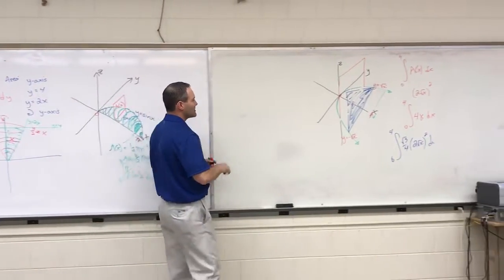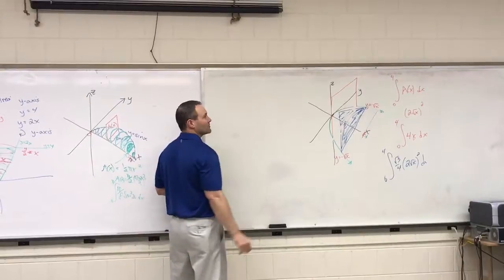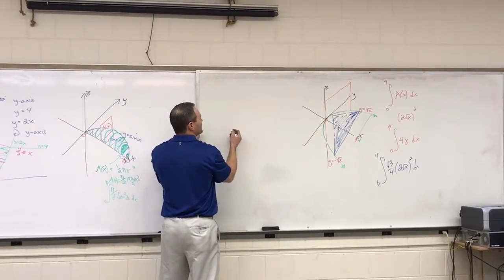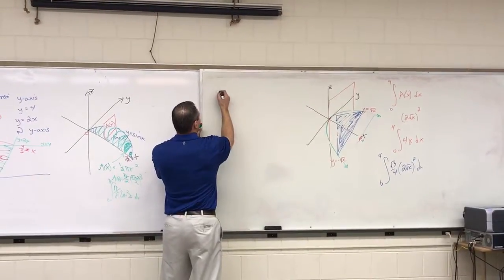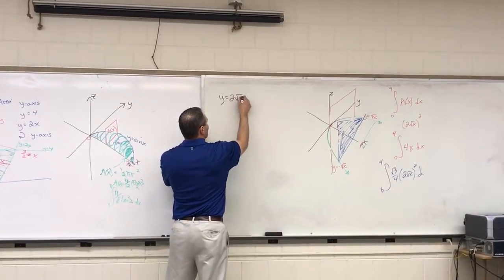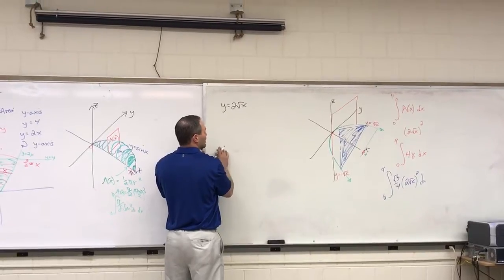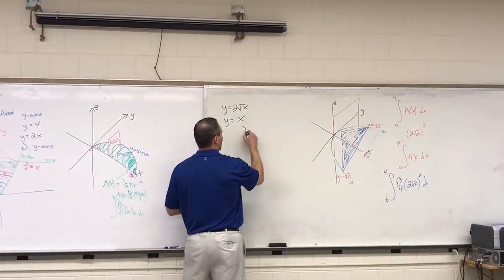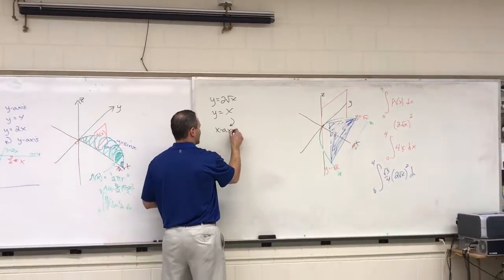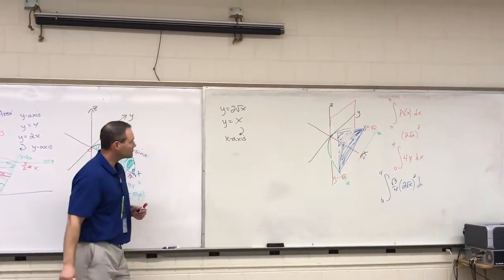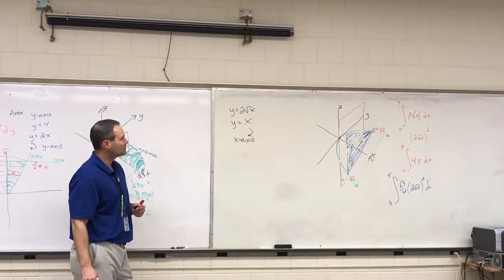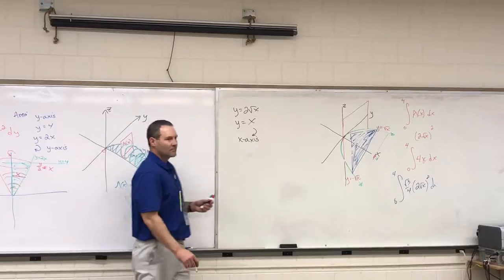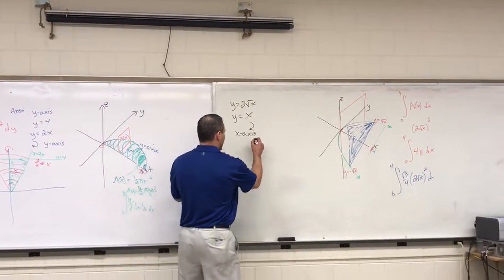All right, so let's say we've got y equals 2 square root of x, y equals x, and we're gonna go around the x-axis. Alright, so we're gonna make our sketch.